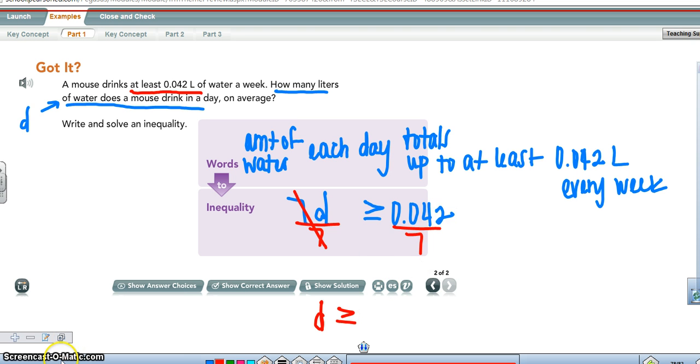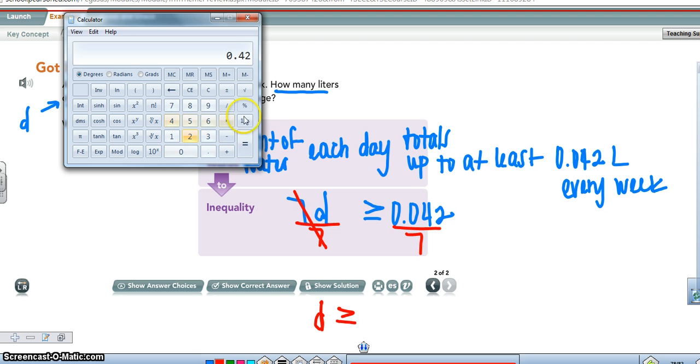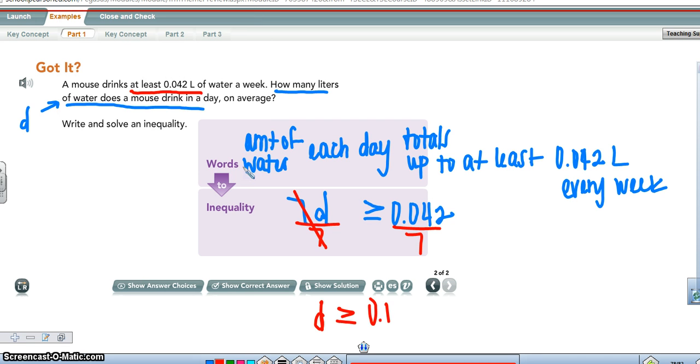So when we take 0.042 and divide it by 7, which you can use a calculator to get this going a little quicker, we see that each day the mouse will drink 0.006 liters of water, or 6 thousandths of a liter of water. The mouse could drink more than that, but that would be in order to meet the requirement for the whole week.